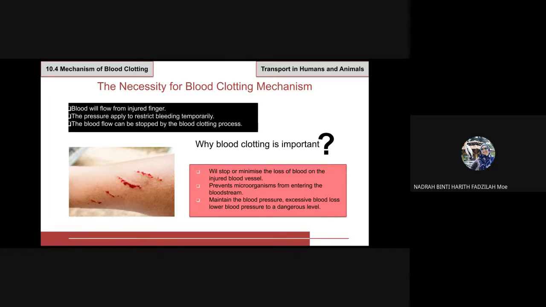So kita punya blood pressure lama kelamaan jadi berkurang. Jadi the blood clotting mechanism ni is antara our fast atau short term solution to prevent excessive blood loss atau lower blood pressure sampai ke tahap dangerous level lah.